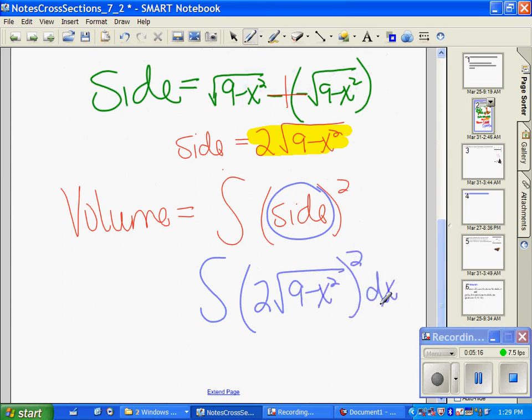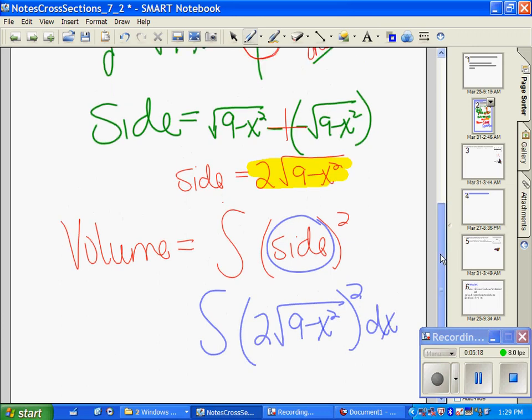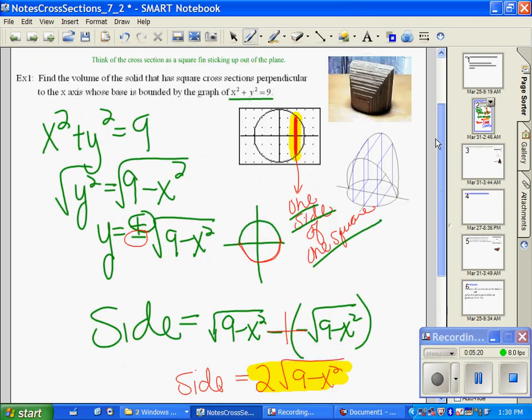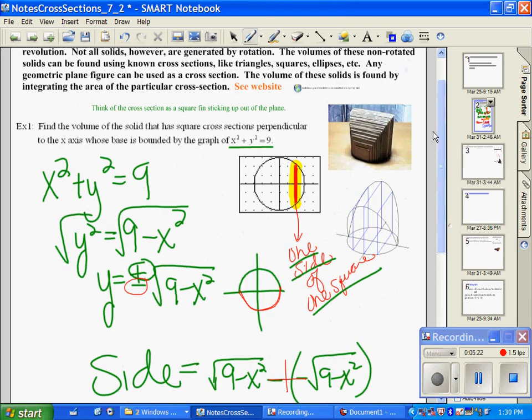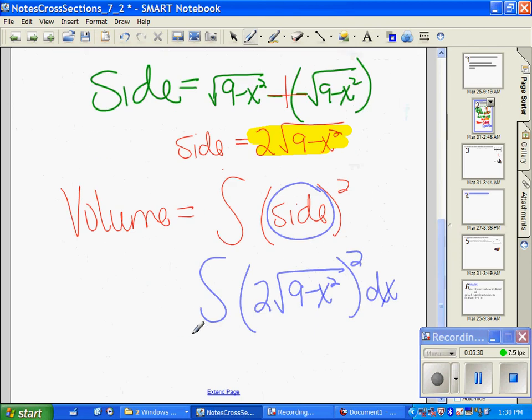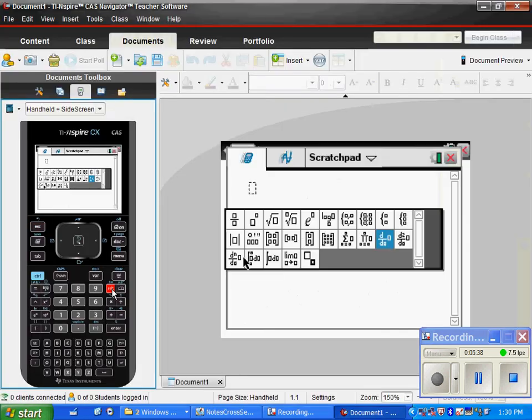But we need to think about our limits. Again, we're in terms of x. For this circle, x squared plus y squared equals 9, the radius is 3. So this goes from 3 to negative 3 as the base, but I'm going to write it as negative 3 to 3. We pick up our calculators to type this in.